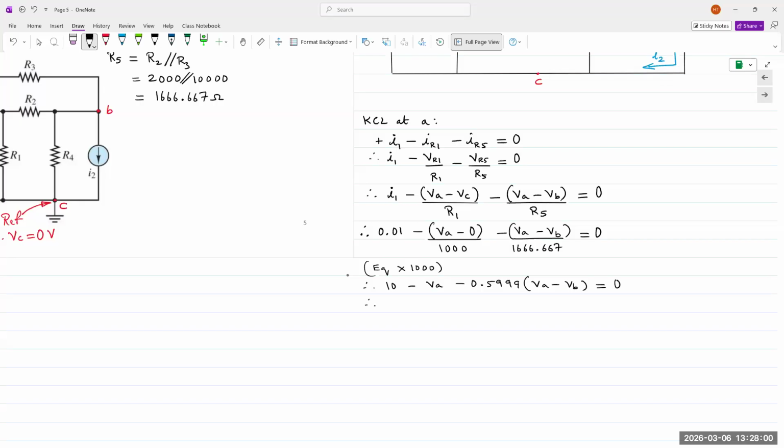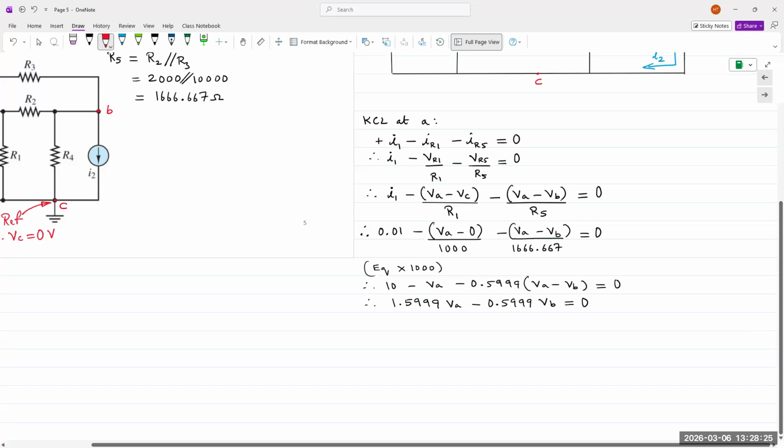Solving this, we finally get 1.5999 VA minus 0.599 VB equals 0.